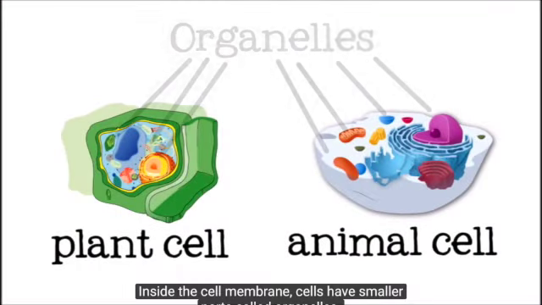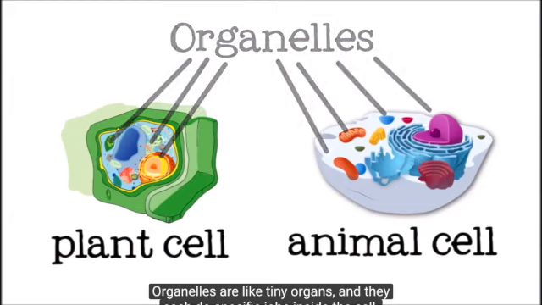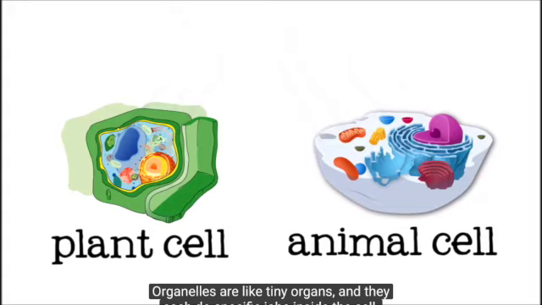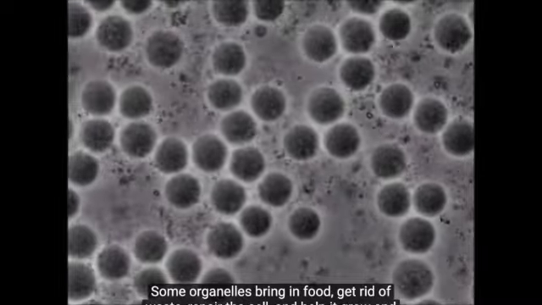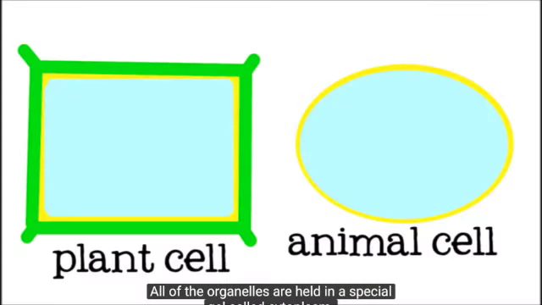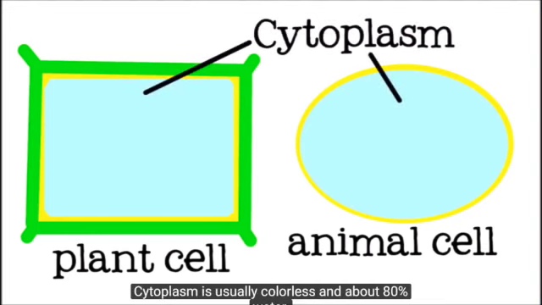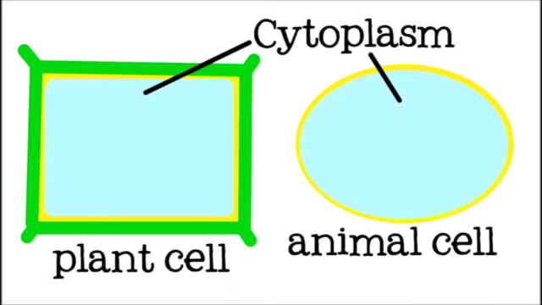Inside the cell membrane, cells have smaller parts called organelles. Organelles are like tiny organs, and they each do specific jobs inside the cell. Some organelles bring in food, get rid of waste, repair the cell, and help it grow and reproduce. All of the organelles are held in a special gel called cytoplasm. Cytoplasm is usually colorless and about 80% water.